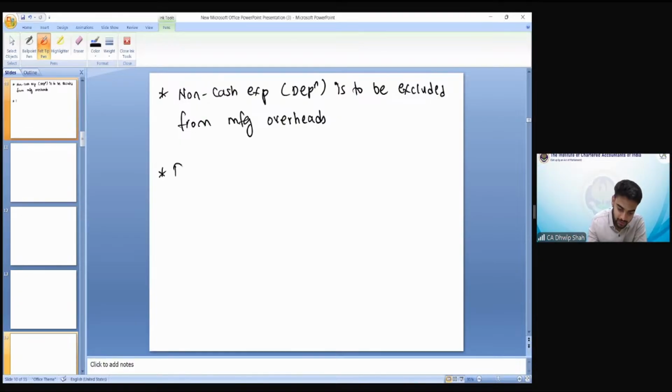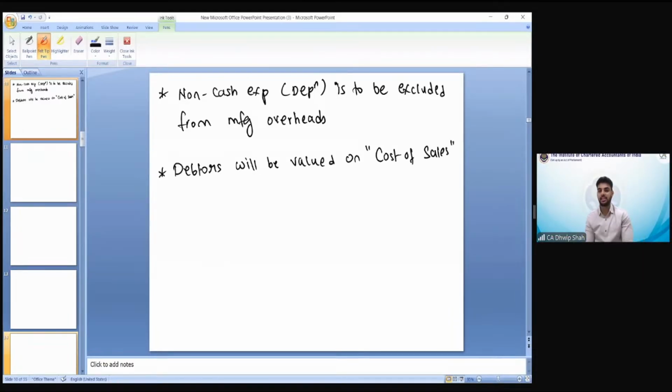And second, debtors will be valued on cost of sales and not on sales. Why? Because the amount of sales includes the amount of profit. So profit is not your amount blocked, or the amount that you have incurred from your pocket. Financial institutions never fund that amount which is not paid from your pocket. Okay?